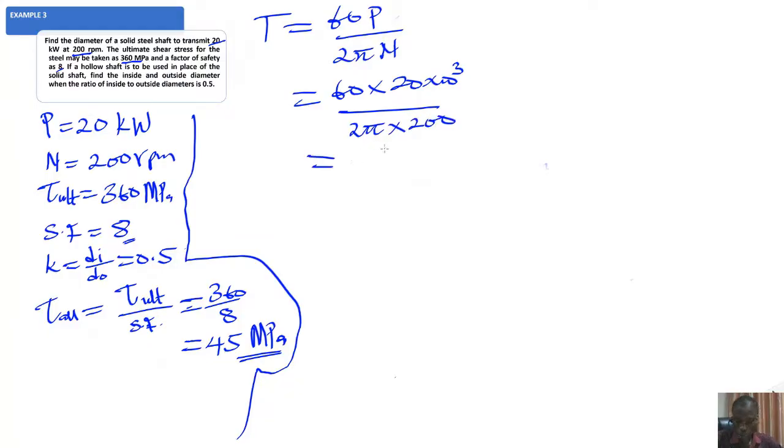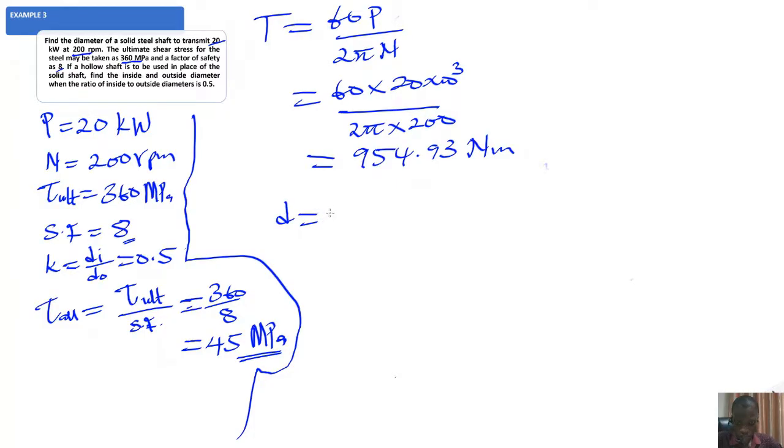And when you compute that, we get 954.93 Newton meters.